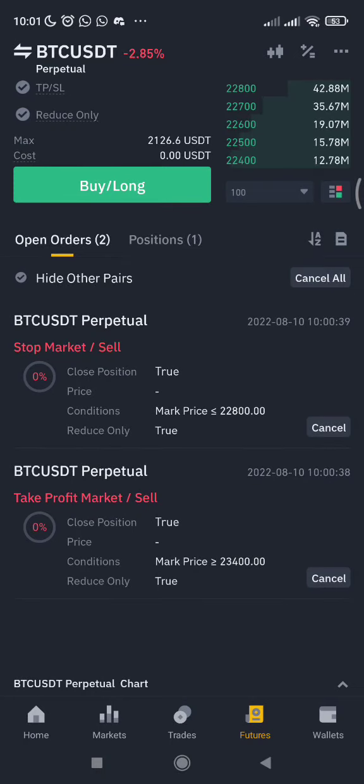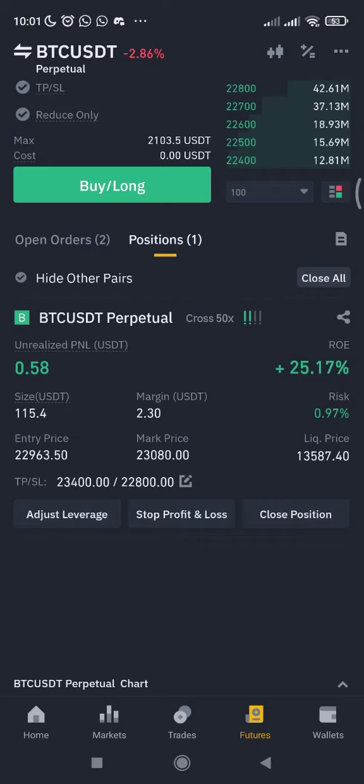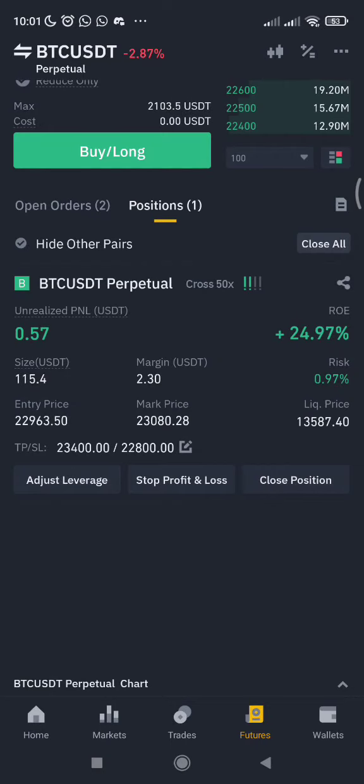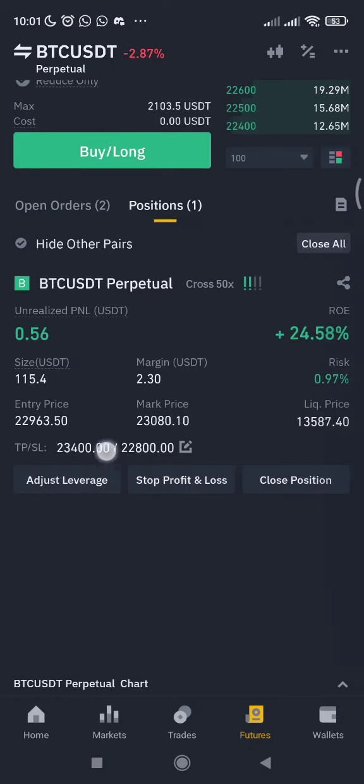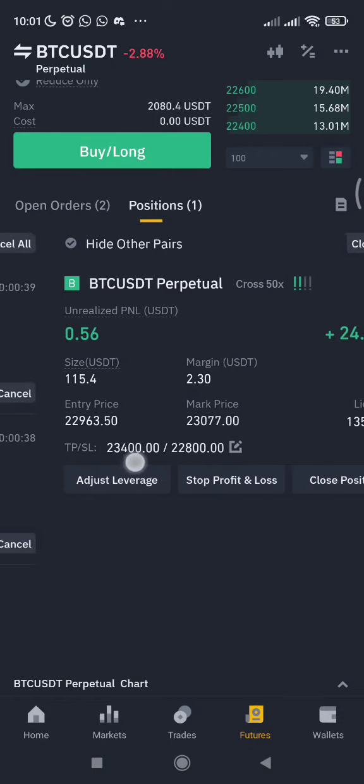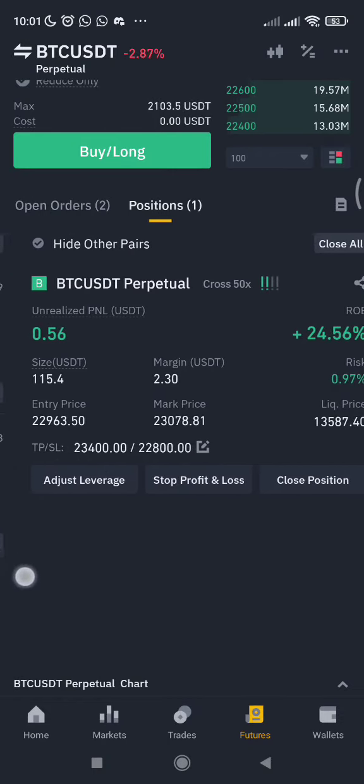Any of the orders that hits first will close the rest. So you can also see it down here, TP and SL.